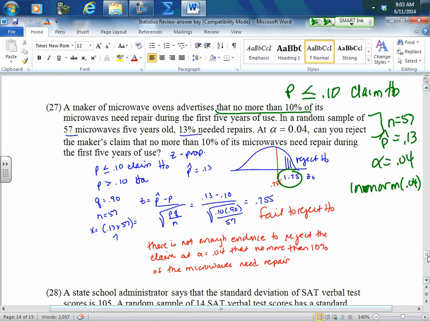But because it's a right tail test, it's a positive 1.75. That's the only difference. Rather than have to subtract it from 1, just do the negative and remember to flip it to the positive. This is your critical value. That's where your cutoff is. This is your shaded reject H0. This is your fail to reject H0. And make sure you say H0 with that.